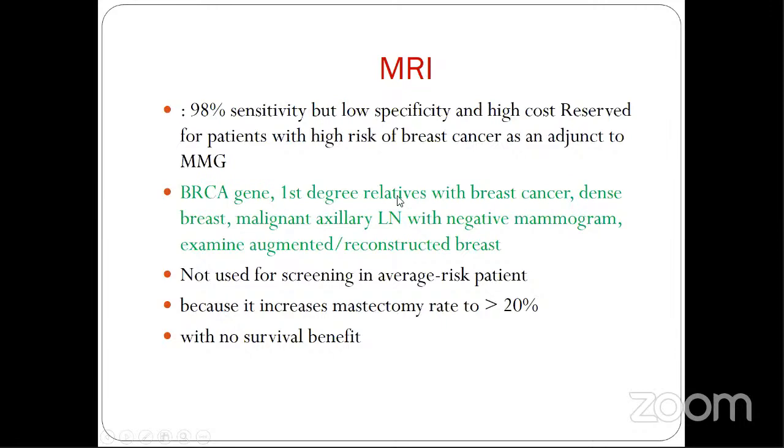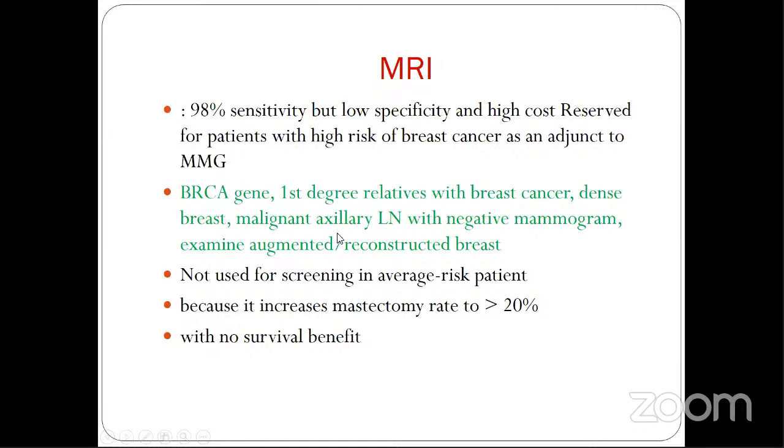In BRCA1 gene, first degree relative with breast cancer, suspicious malignant axillary node with negative mammogram, and in augmented or reconstructed breast. Here we have a question: the modality or screening tool of choice in augmented breast is MRI.